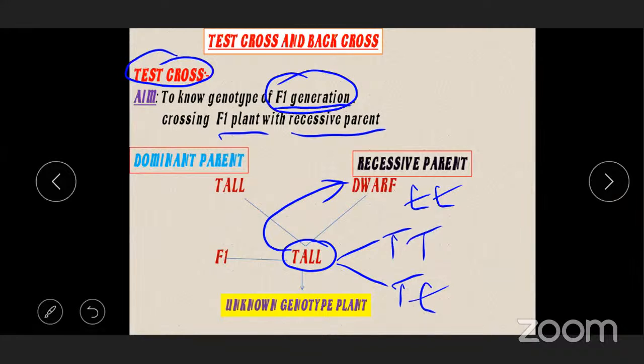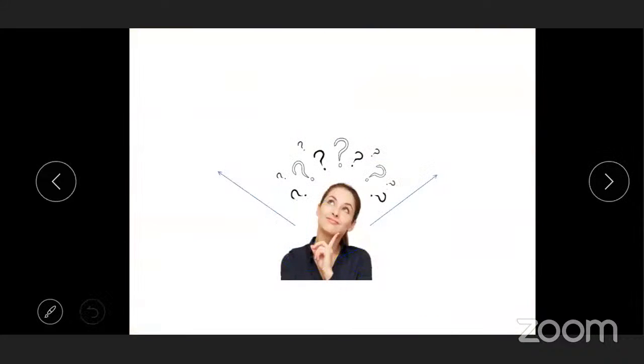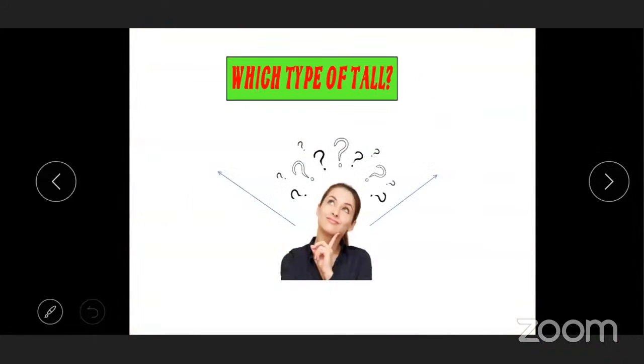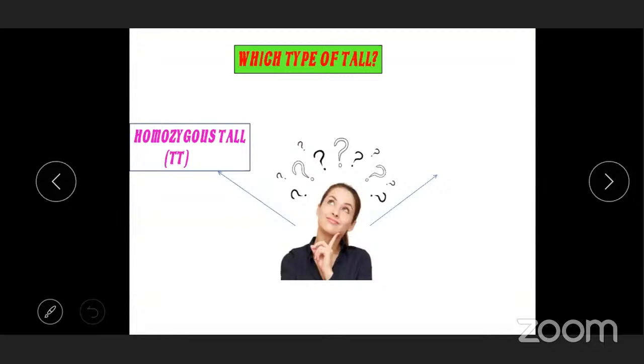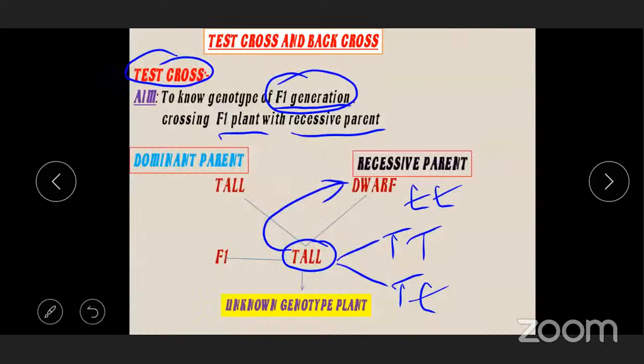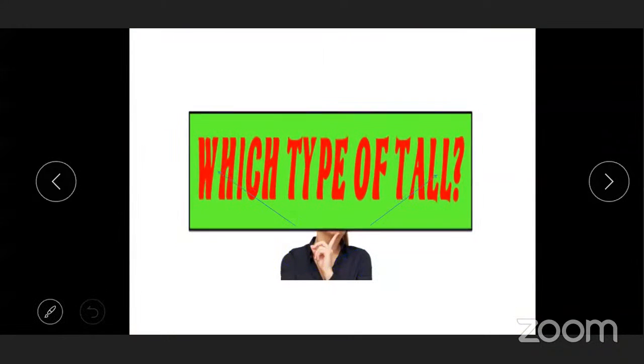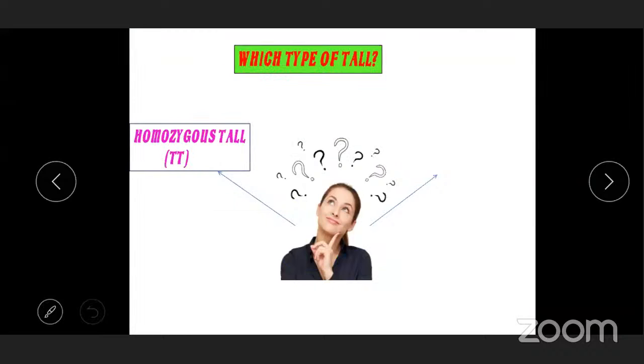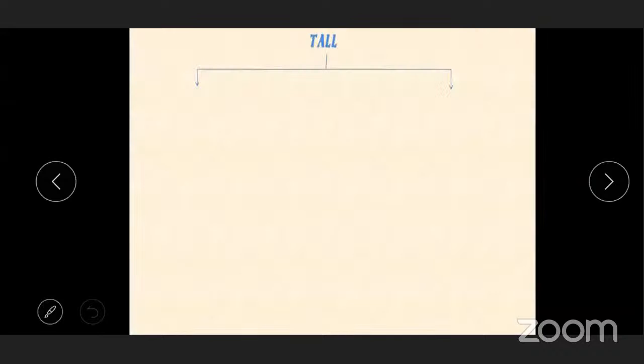So which type of tall is it? We don't know. Is it homozygous tall or heterozygous tall? We don't know the genotype of this tall. To know that F1 plant genotype, we have to cross the tall plant with the recessive parent.